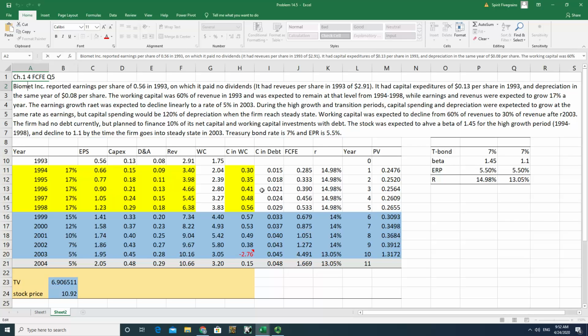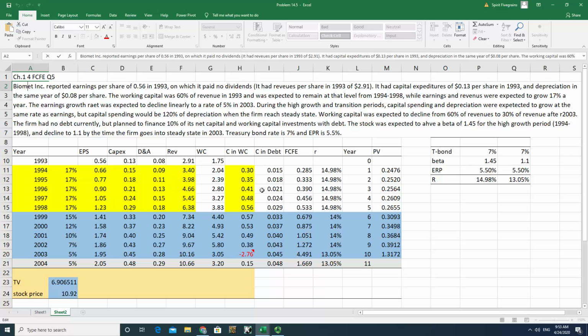The growth rate will decline from 17% to 5% linearly. That will be the second stage. Working capital was expected to decline from 60% of revenue to 30% of revenue after year 2003. So after year 2003, there will be a steady growth rate or low growth time period, which is a sort of terminal time period.